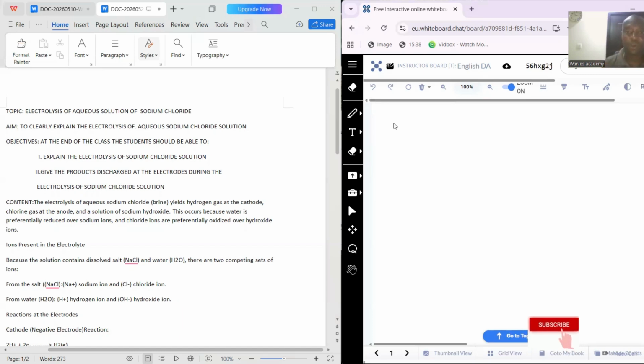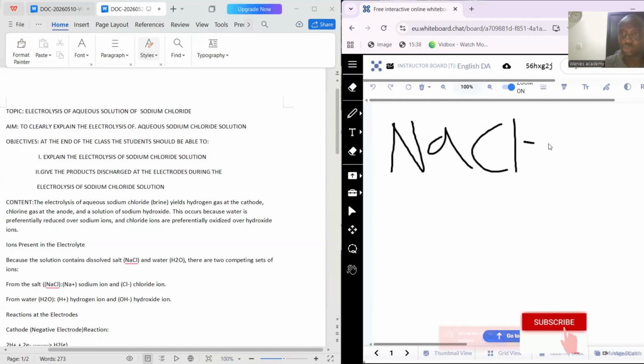For the sodium chloride, which is the dissolved salt, it undergoes ionization to give us sodium ion, Na+, and chloride ion, Cl-. So this is the aqueous solution of sodium chloride.